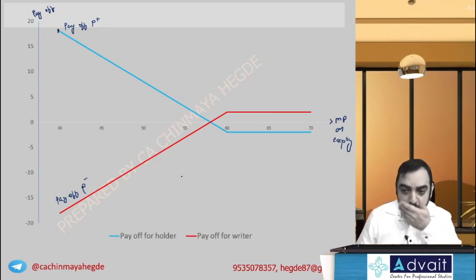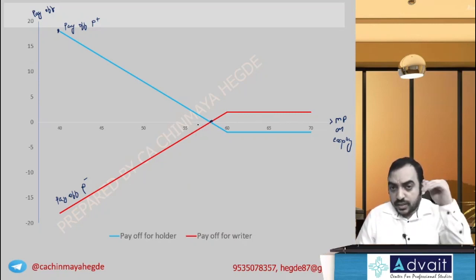Okay, hope it is done. Now, let's look at the break-even point. We know this is the break-even point, right? This point, where there is zero profit, zero loss. This is the break-even point.